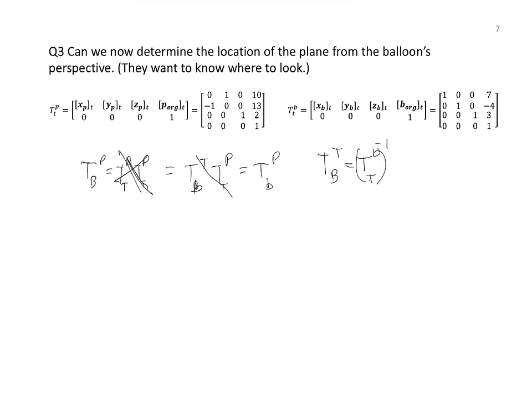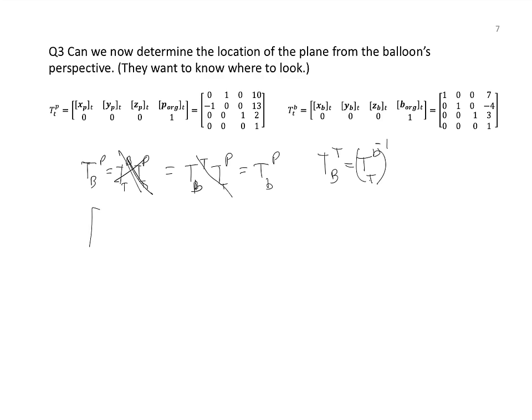If we can find the inverse of the transformation that takes us from t to b, we will get b to t. Hopefully that seems straightforward and logical. It's just going to perform the steps in the opposite direction. So if we want to move coordinates in the opposite direction, we just need the inverse of the transform that takes them in the first direction. Okay, so let's do that.